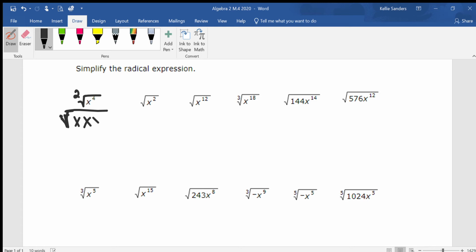X to the 4th means x times x times x times x, right? So I have 2 of a kind here, and I have 2 of a kind here. Well, how many 2 of a kind of the x's do I have? 2. Since this is even, then my answer is going to be just that, and I don't have to do anything special to it.